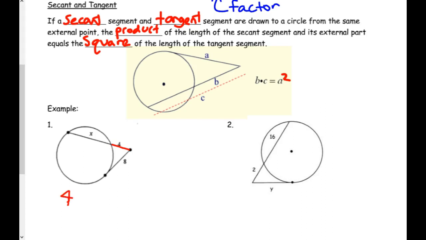And then what is the whole thing? X plus 4 equals, and what am I going to do with that tangent? Squared. So the tangent over here is 8, and I'm going to put a squared on that.